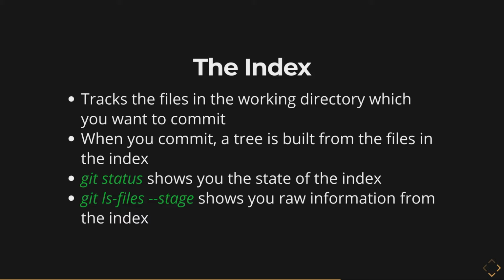Right. So the index, that's actually the list of files in your working directory that you've told Git, I want to keep these files when I commit. So whenever you change a file in your working directory and you run git add on it, it goes into the index.